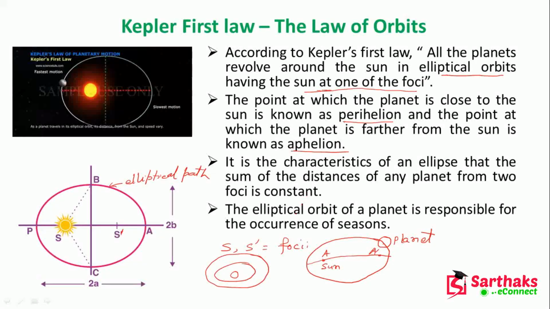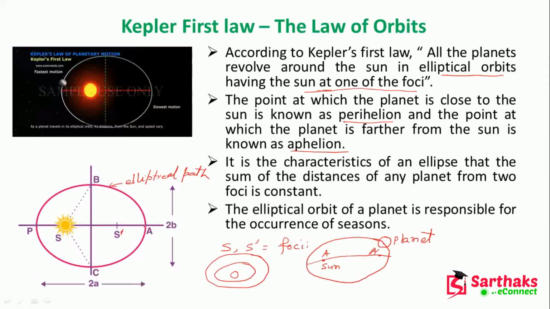And from this we have studied two terms, perihelion and aphelion. The point which is very close to the sun, this point P, is called perihelion, and the point furthest from that focus, from S, not from the other focus, is called aphelion.